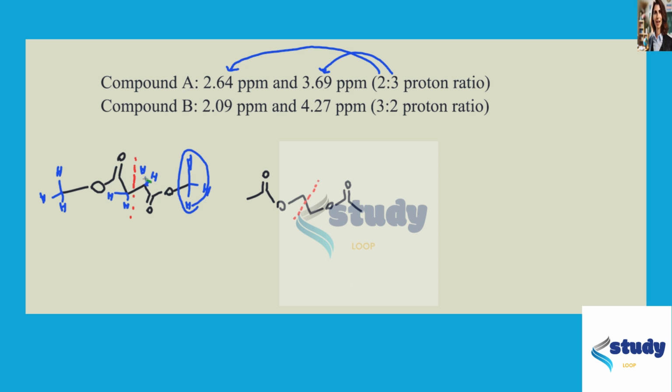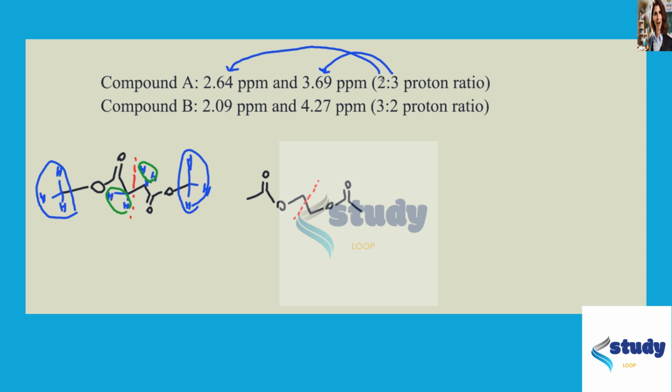Remember, what happens to the left happens to the right, so these two protons are the same as these two across the internal plane of symmetry, and these three protons are the same as these three. So we have a total of 10 protons.